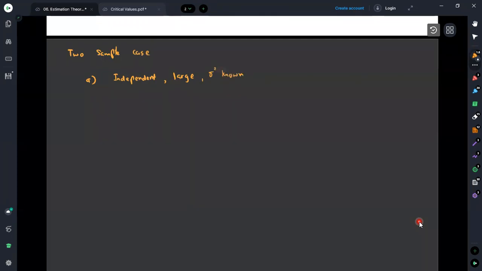If this condition is satisfied, we use z alpha over 2. Then we can construct the confidence interval using x bar minus y bar plus or minus z alpha over 2 times the square root of sigma squared x over nx plus sigma squared y over ny. In part B, we considered still independent large samples with sigma squared unknown.